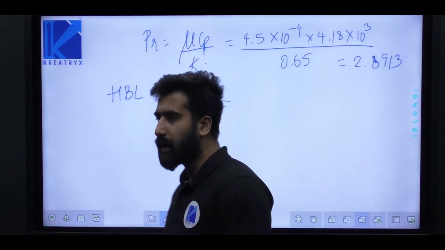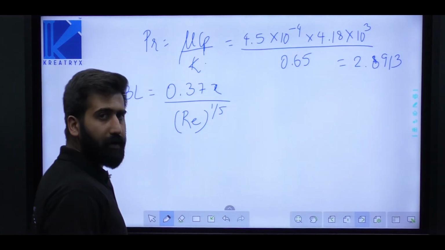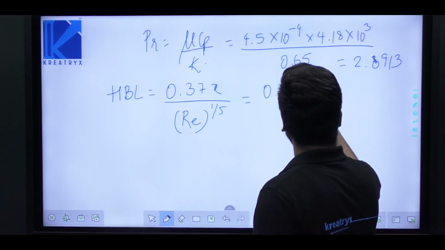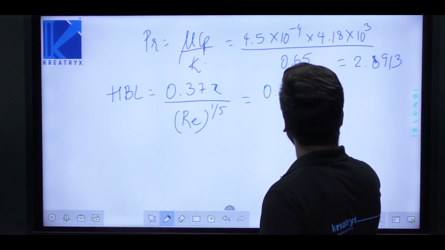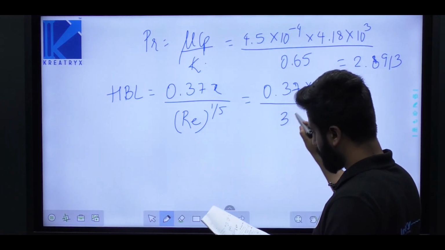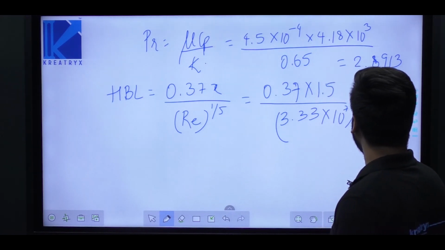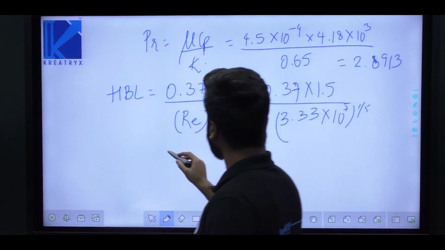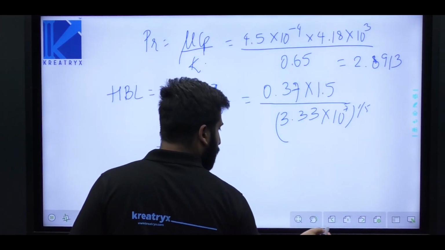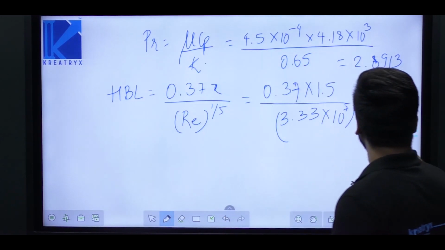So 0.37x, where x is 1.5, because you have to find the boundary layer thickness at 1.5 meters, upon Reynolds number 3.33 into 10 to the power 7 raised to the power 1 by 5. You'll get the hydrodynamic boundary layer thickness, which will be equal to 17.4 mm.